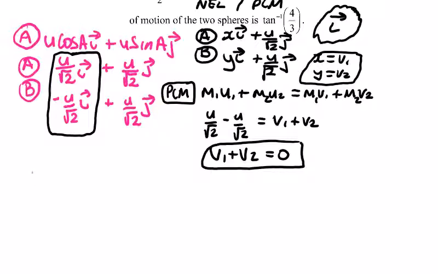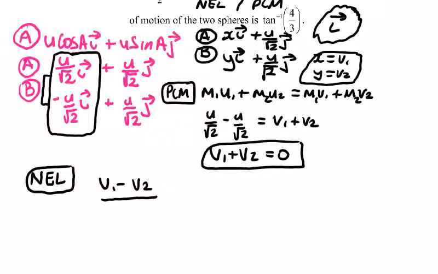This looks like it solves a little bit quicker maybe than we might have thought. Newton's experimental law: V1 minus V2 over U1 minus U2. So this is where we're actually going to add them together.